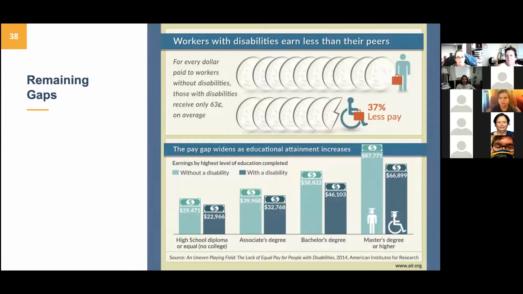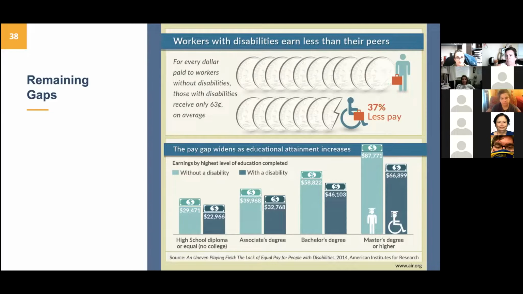Another remaining gap is opportunity to work for individuals with disabilities. And so here are just a few stats in an infographic. For every dollar paid to workers without disability, those with disabilities receive only 63 cents on average. So there's a pay gap.